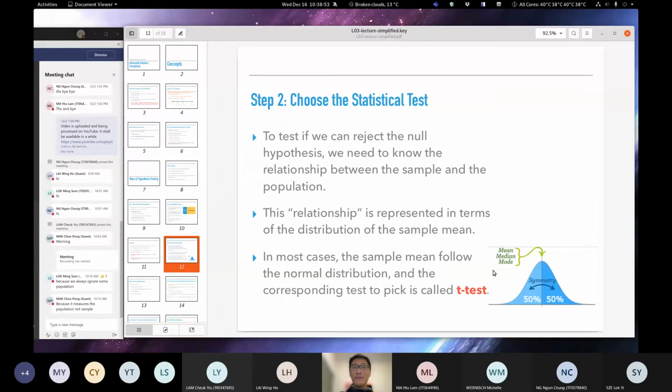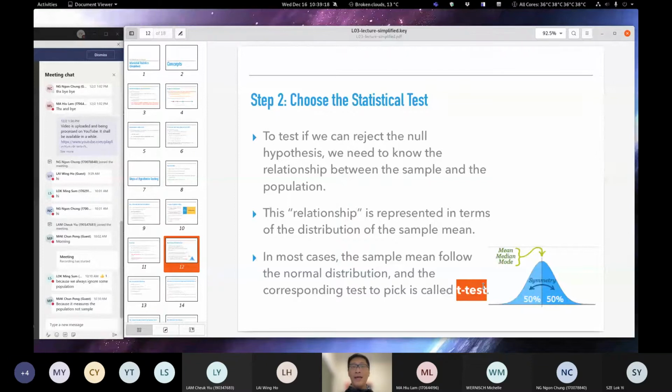And if this is true, then we can pick a test that is called the t-test. Notice I'm saying that if this is true. First of all, consider that we are using numerical data or scale level data. That is the first assumption here.